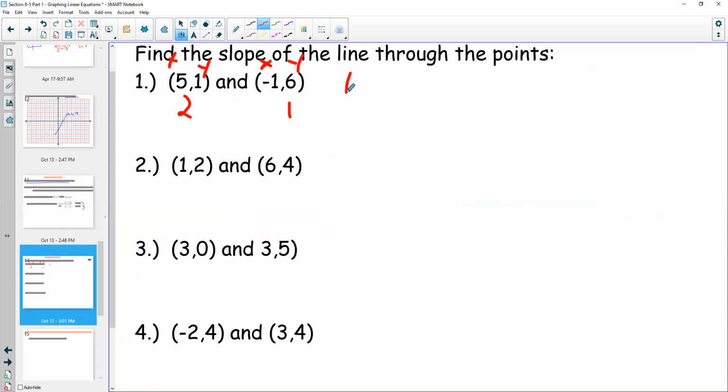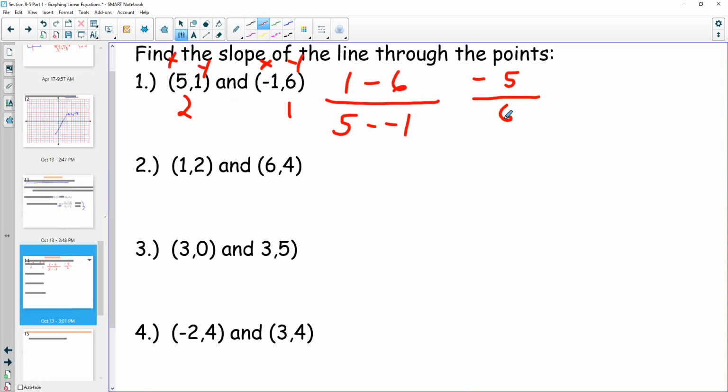All right. y2 is 1, minus 6, good heavens, over x2 minus x1, 5 minus negative 1. It's so much better now. Okay. So on the top, I get negative 5. On the bottom, I get 6.